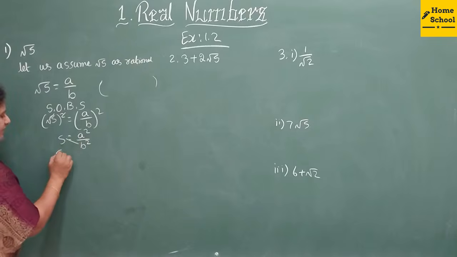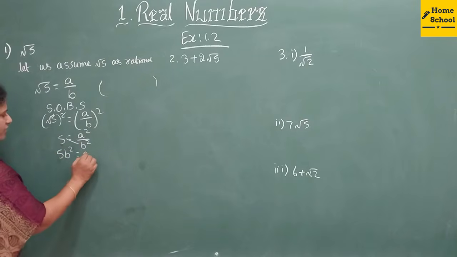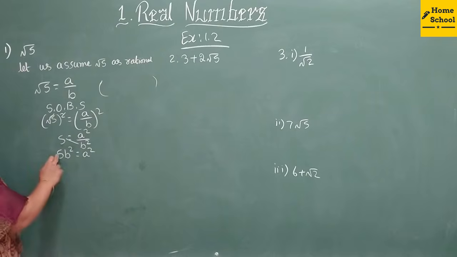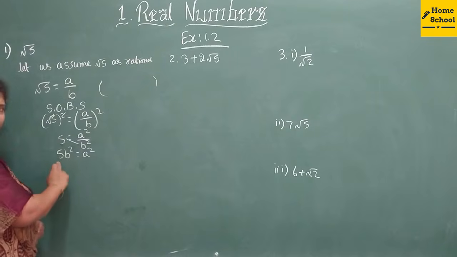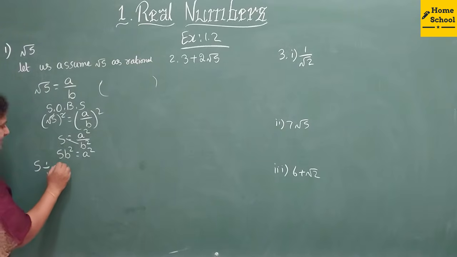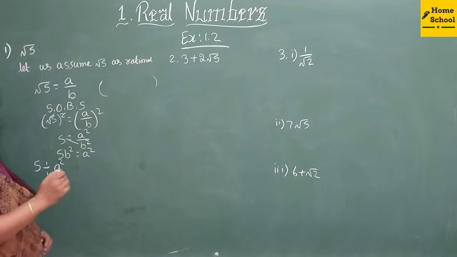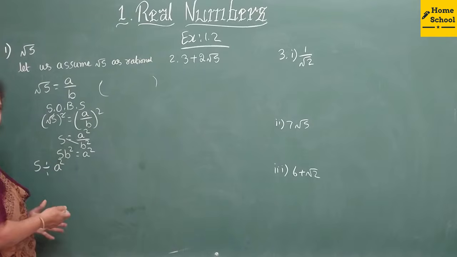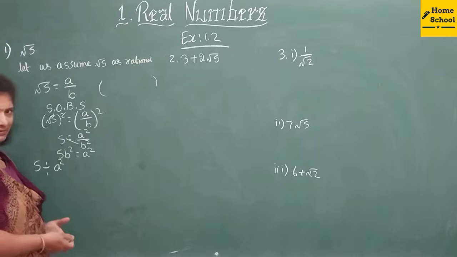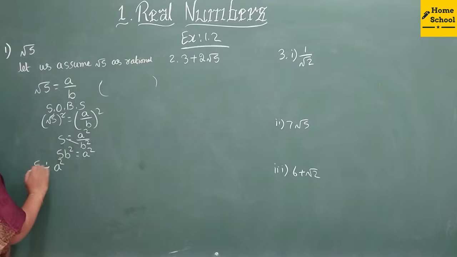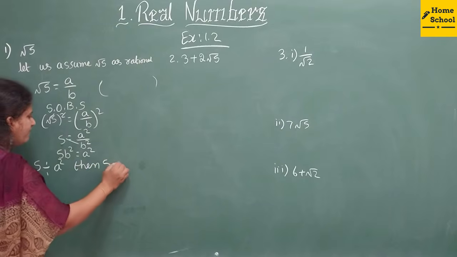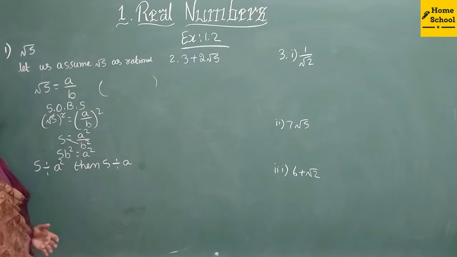Sending this to the other side, 5b square is equal to a square. Observe carefully. If I transpose 5 this side, that means 5 divides a square. According to the theorem in this chapter, if p divides a square, then p also divides a. So, write the same here: if 5 divides a square, then 5 divides a.